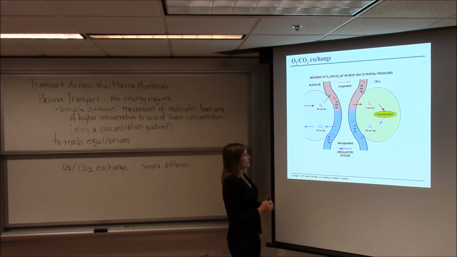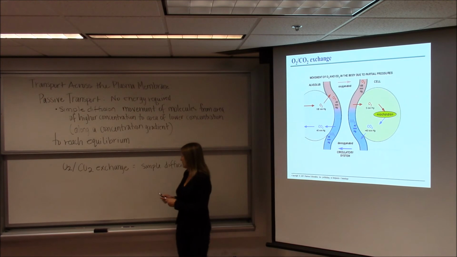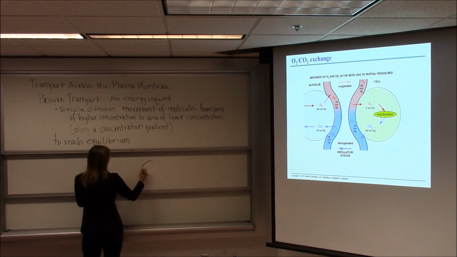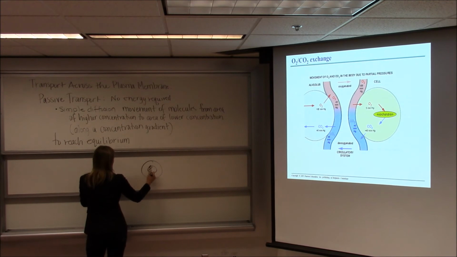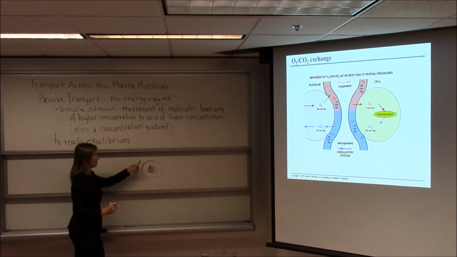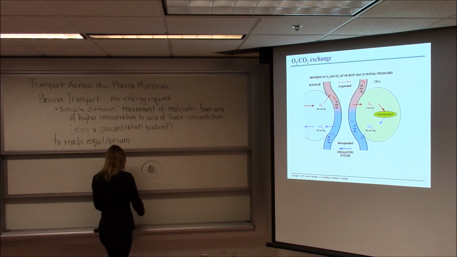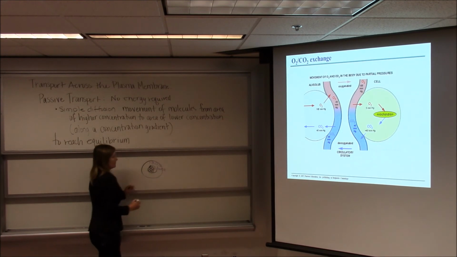Your body tissues, your cells, are carrying out cell respiration. So here at the body cell, in the tissues, we're using up oxygen and we're producing carbon dioxide. So you would expect this cell to be high in carbon dioxide, low in oxygen.